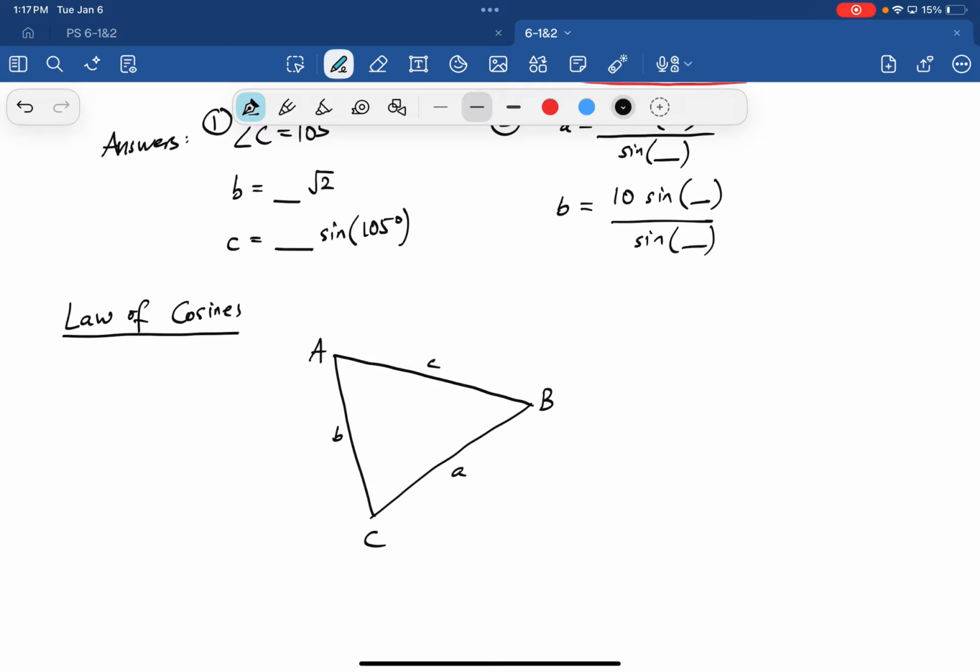Degree symbol inside parentheses, after the number.